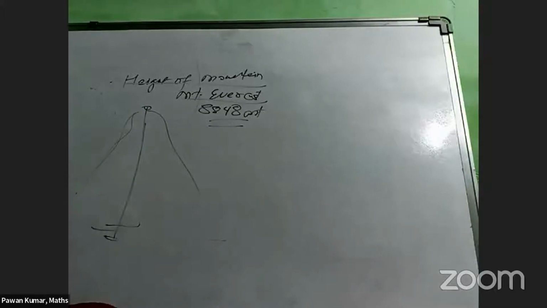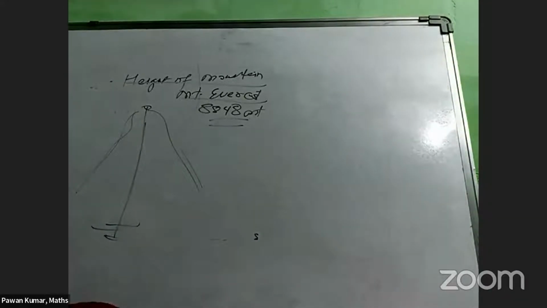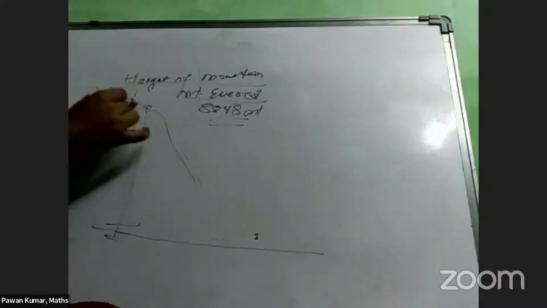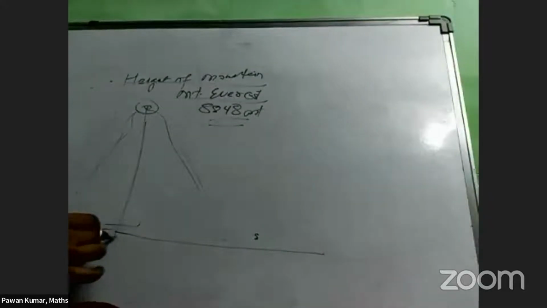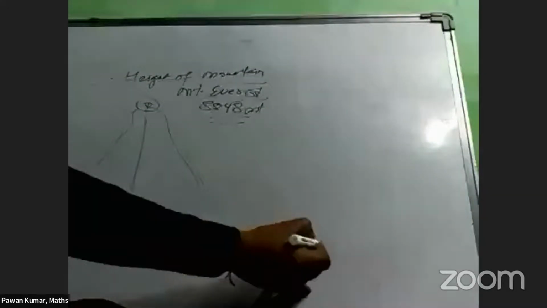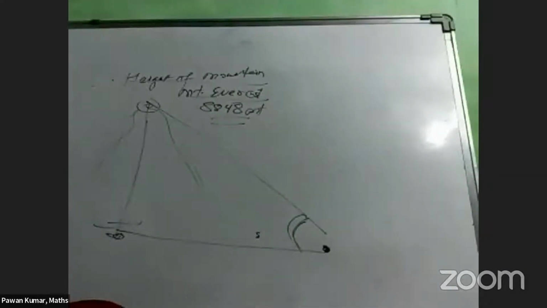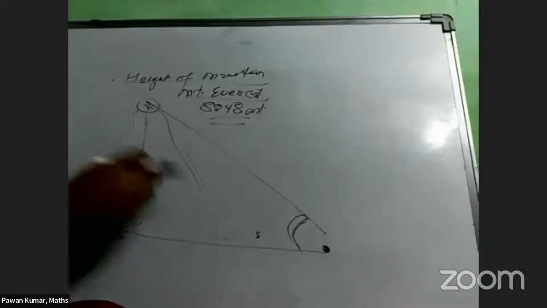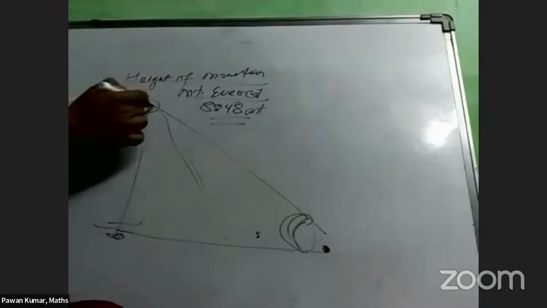Correct. If the person starts climbing from here and goes up there, how can they calculate it? Basically, they will fix one point here, and the horizontal they know. Standing here, they first want to know their angle, the angle between this horizontal line and this top point.